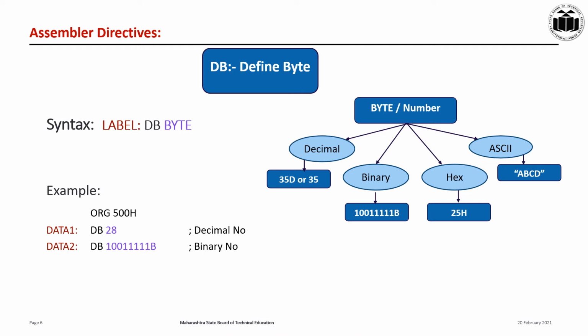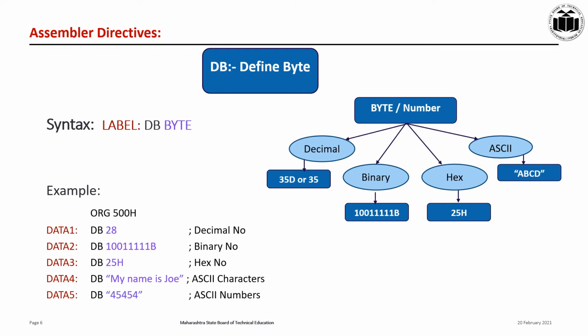Here B indicates that it is a binary number defined as data2. DB 25H. Here 25H is the hex number defined as data3. DB "My name is Joe". Here the ASCII string "My name is Joe" is defined as data4. Here 45454 is the ASCII number that is defined as data5.